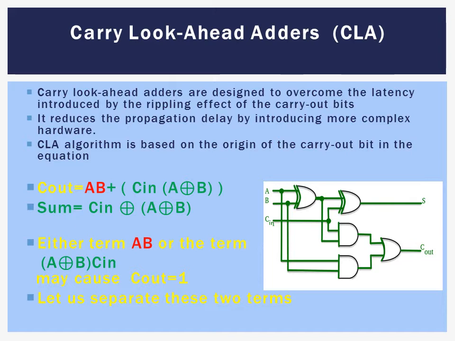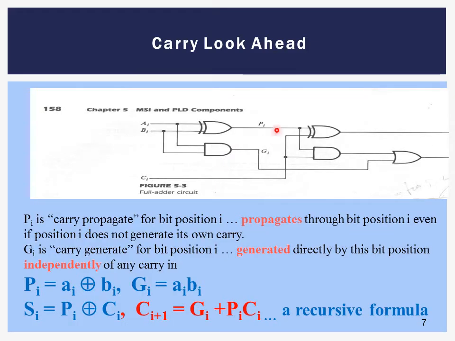For designing the carry look ahead adder, let us separate these two terms. These two terms are the propagate term and the generate term. The propagate term is P equal to A exclusive or B, and G is the product A into B.